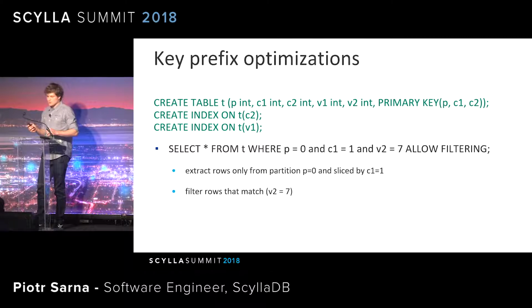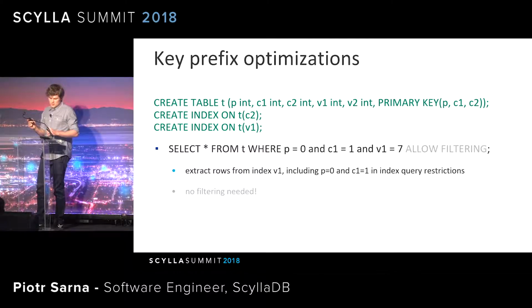But it's even better than that, because we can apply these key prefix optimizations also combined with indexes. So right now we have clustering, we have primary key restrictions again, and we have also one restriction connected to an index. Usually what we would do is first query an index and then filter all the rows that this index returned.